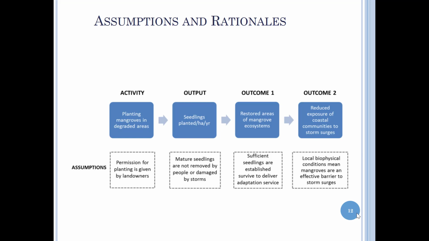Assumptions and rationales explain the underlying logic behind our expectations of the connections between different components of the pathway of change. They represent a set of, let's say, beliefs that guide decisions and ideally should be supported by scientific research, best practices, or expert knowledge.